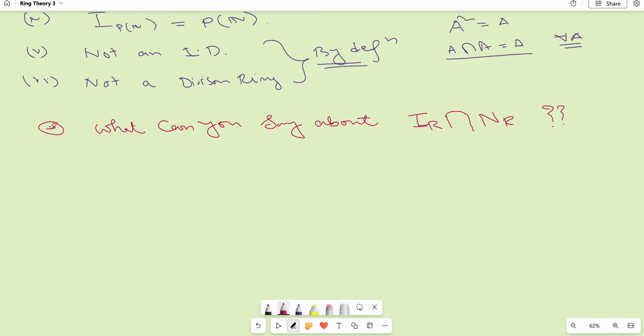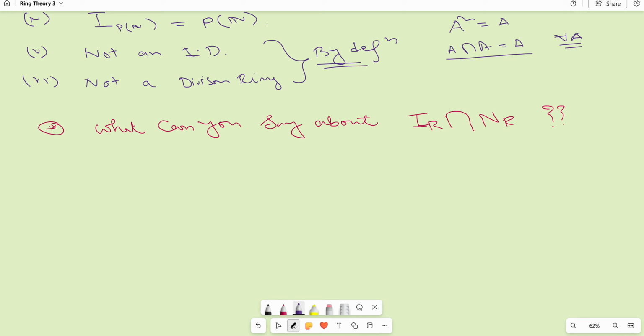What can you say about the idempotence of this ring and the nilpotence of this ring? I'm giving you one argument, one side, and you will finish it yourself.